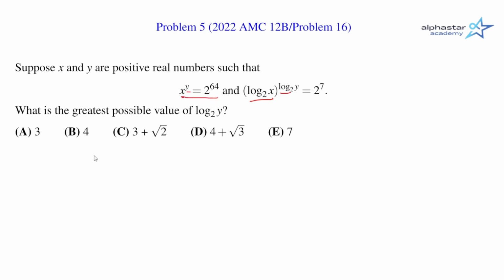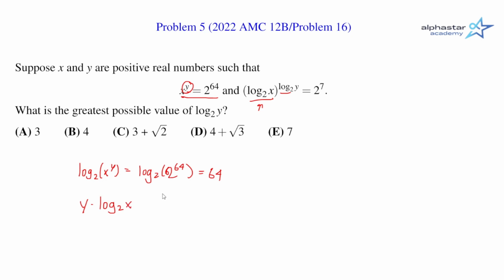Not only to introduce logs into this conversation, but also to get rid of that nasty power here. So if we write log, of course, we're going to use base 2 because base 2 was used here. We get this, and we can see that on the right we get 64. And we can simplify this using the rules of logarithms.